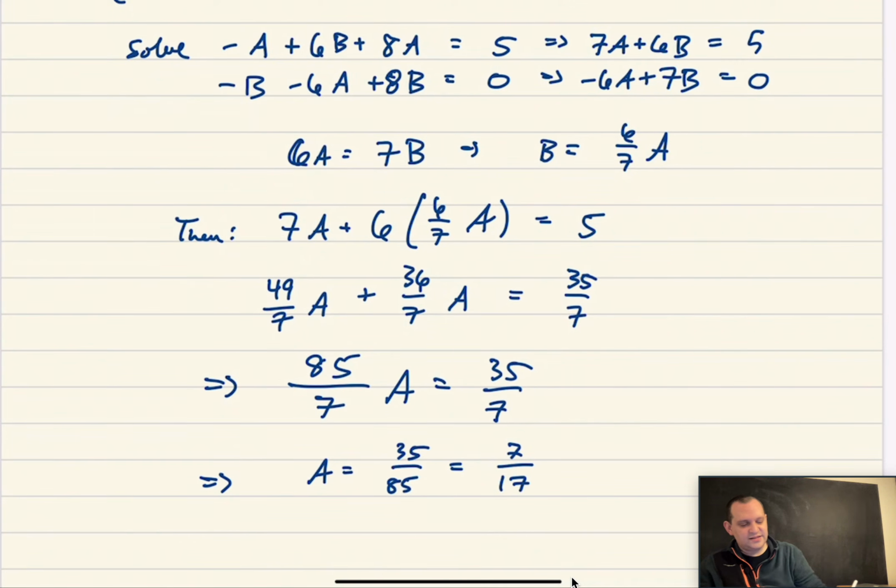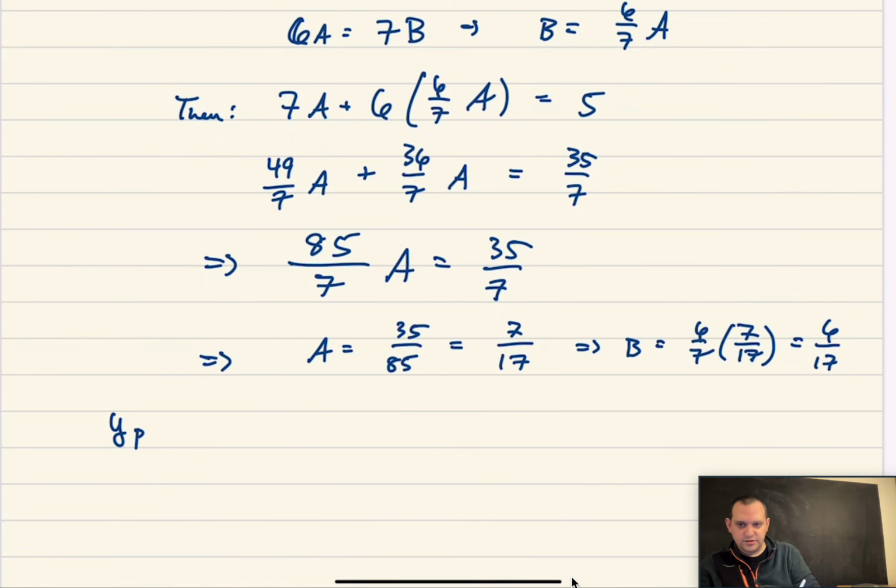And if a is 7 over 17, then b is going to be 6/7 of that, so that'll be 6 over 17. Finally, we have our particular solution: y sub p is going to be a sine of x, so 7/17 sine of x, plus b cosine of x, so 6/17 cosine of x.